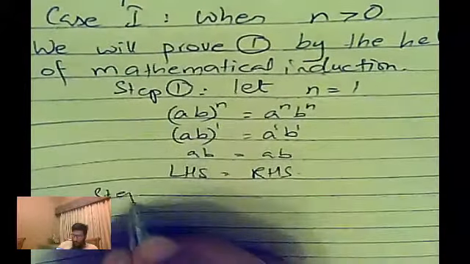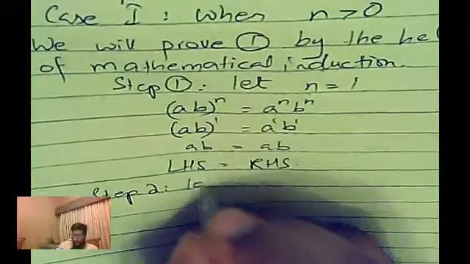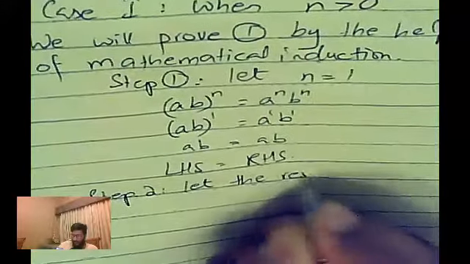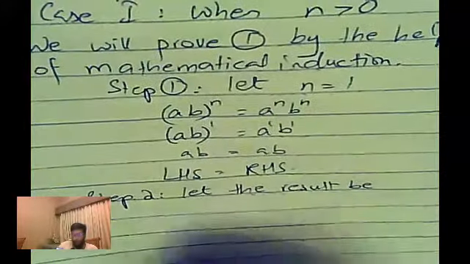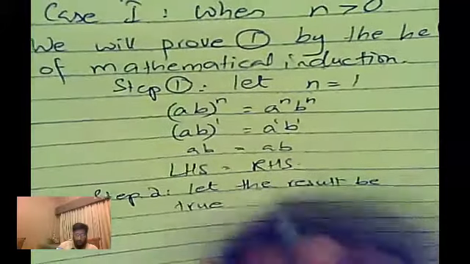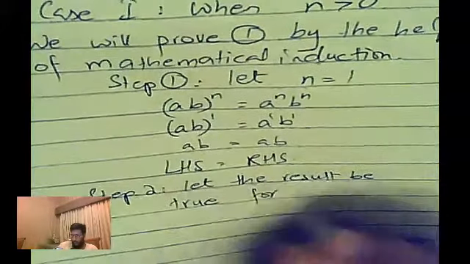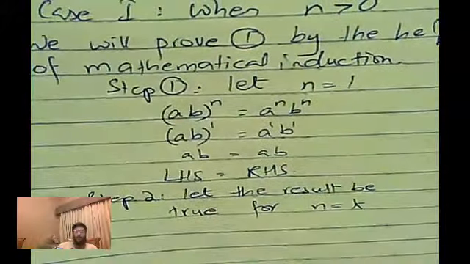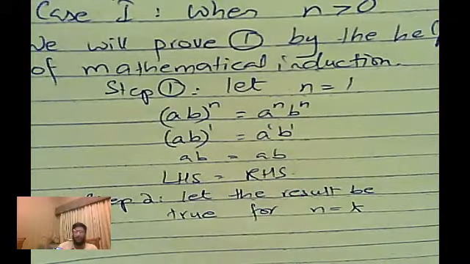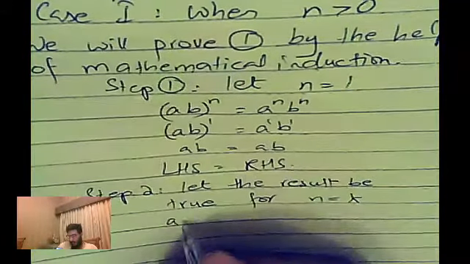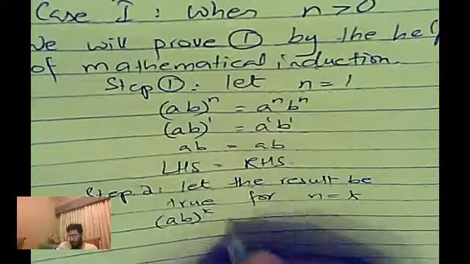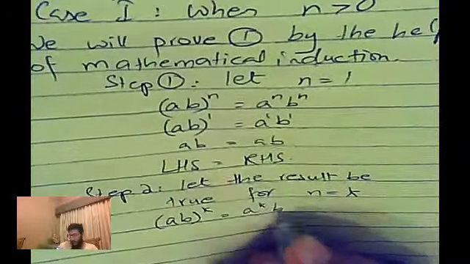Step 2. Let the result be true for n equals k. Now we suppose that yes, the result will hold for n equals k. So (ab)^k equals a^k b^k.